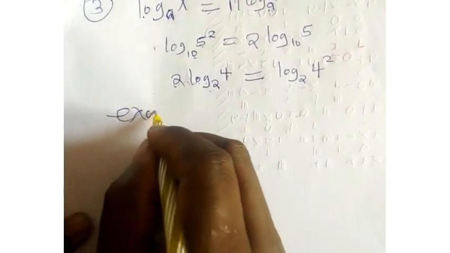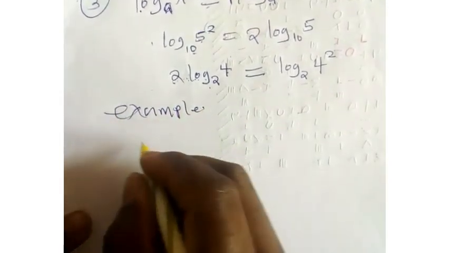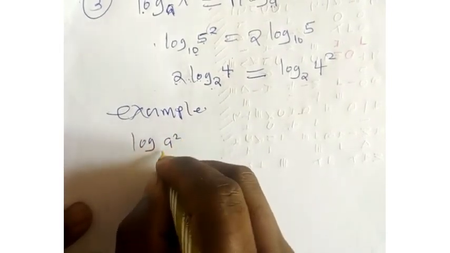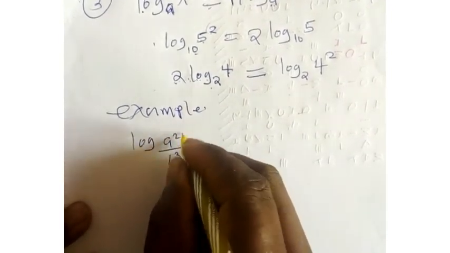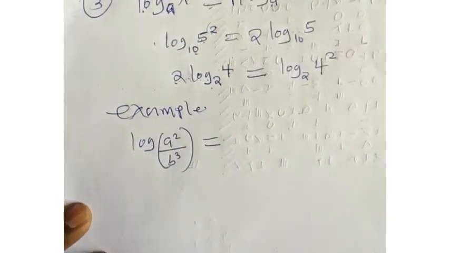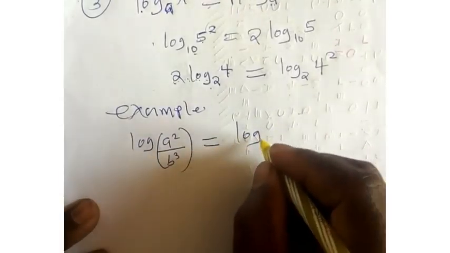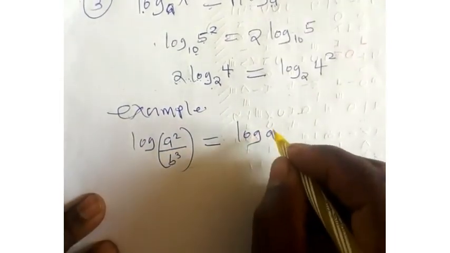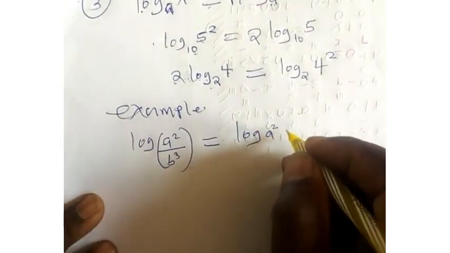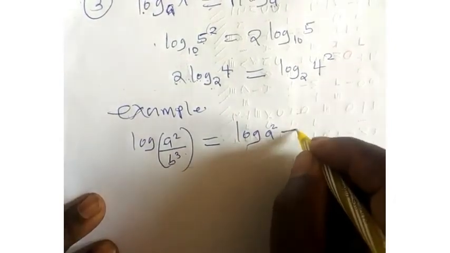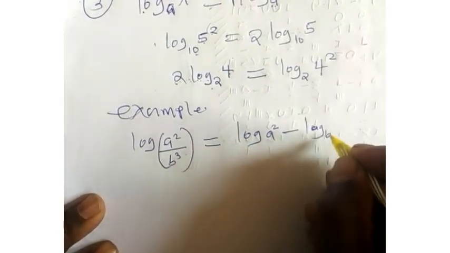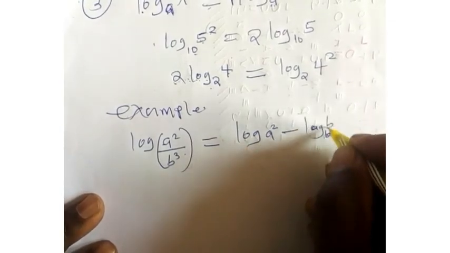We give an example here. Log of a square divided by b cube. This one is the same as the log of a square, division, that is minus, log of b cube.